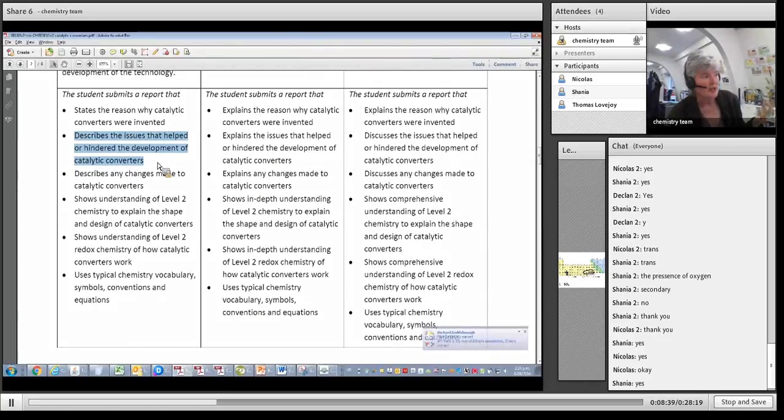So all those law changes were important to enable the development. There is a Clean Air Act that was done in the States. Please mention that it was done in the United States and not in New Zealand, because a lot of people just say the Clean Air Act of so-and-so, and I don't know any Clean Air Act in New Zealand at that time, and we live in New Zealand.